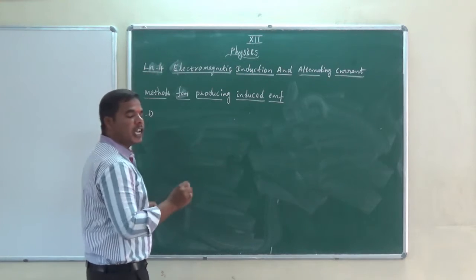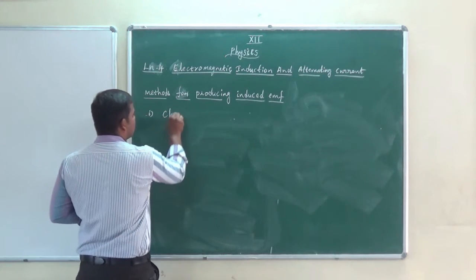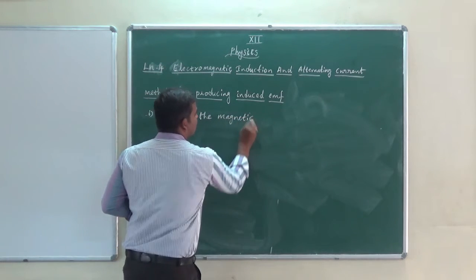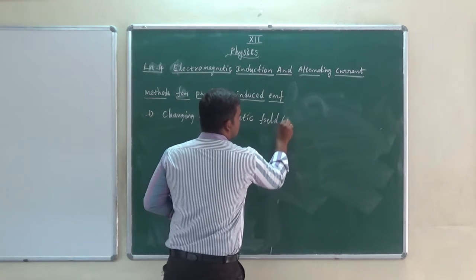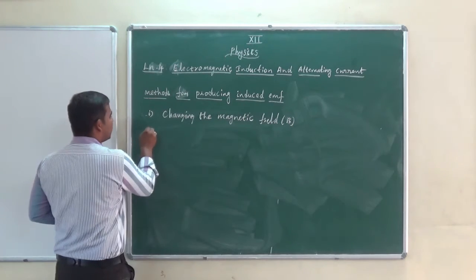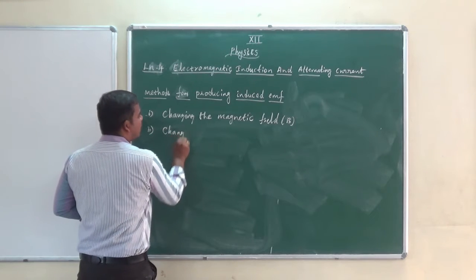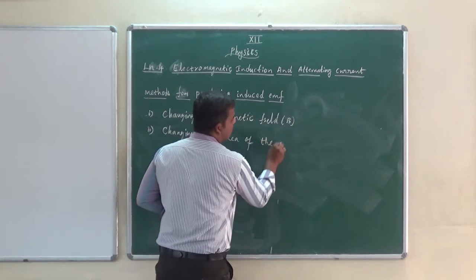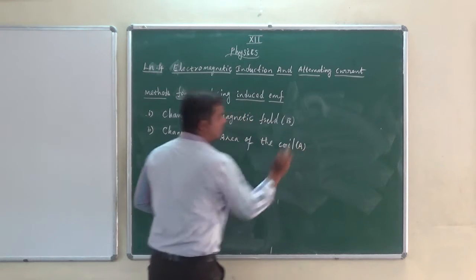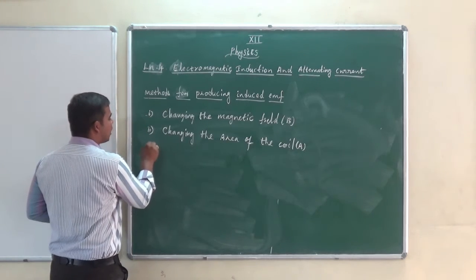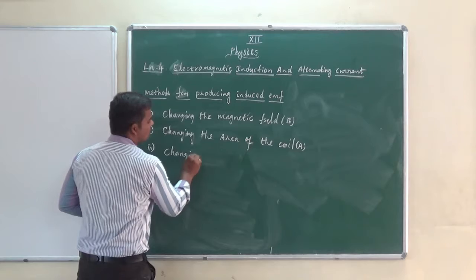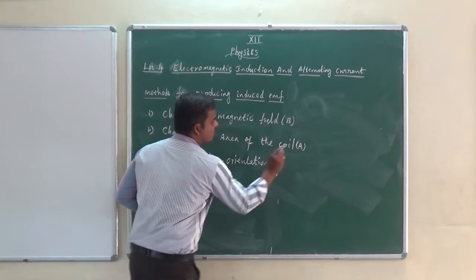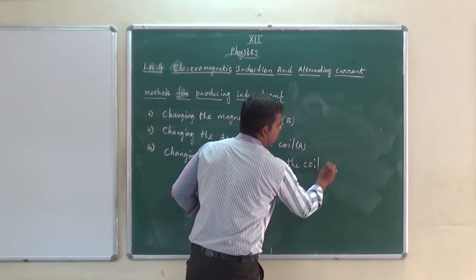First method: changing the magnetic field, represented by B. Second method: changing the area of the coil, represented by A. Next, changing the orientation of the coil, represented by theta.